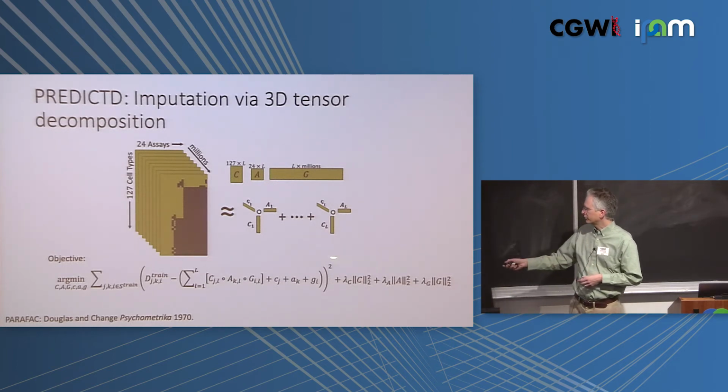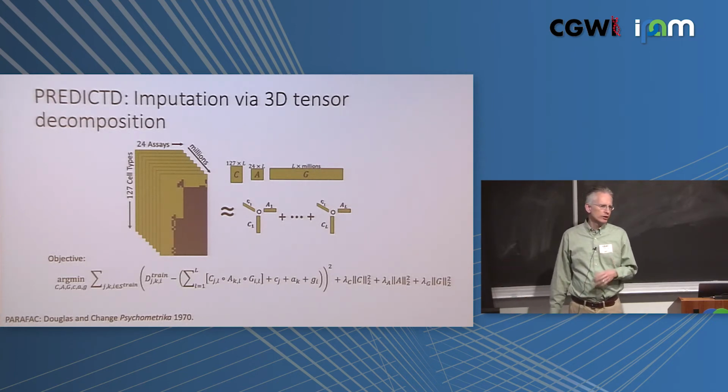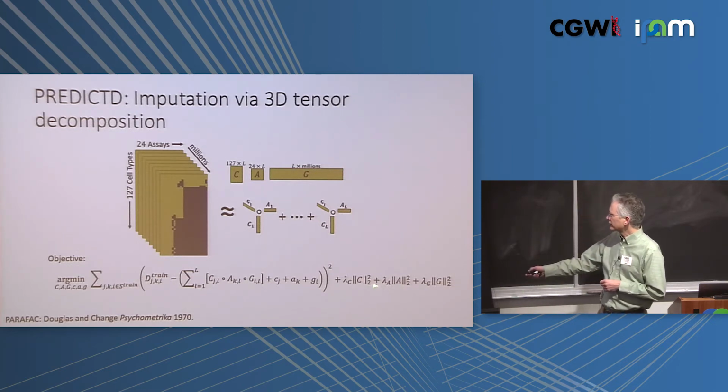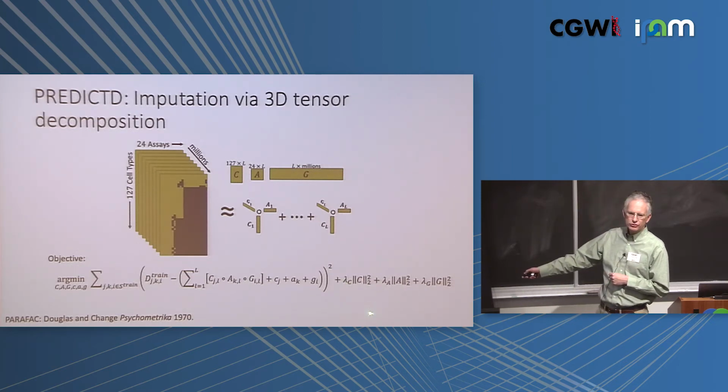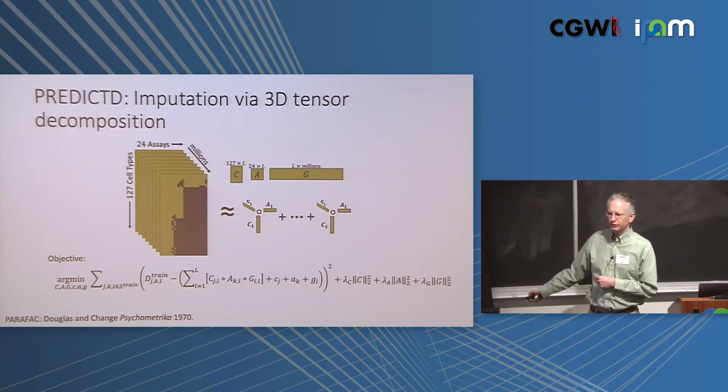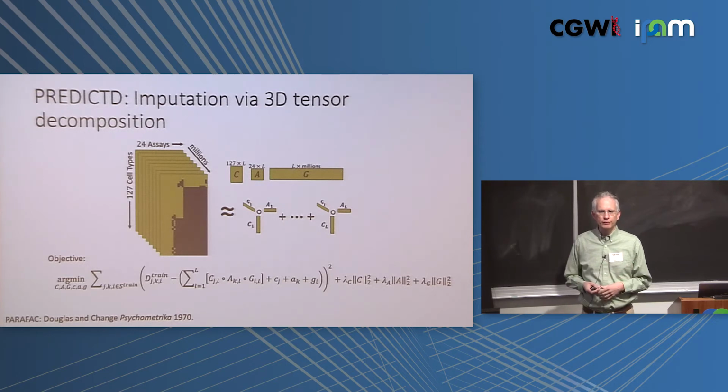And you look at the prediction on the right-hand side and the actual training value there and try to minimize the mean squared error between them. A key component is that you also have some regularizers over here where you're trying to keep the L2 norm of each of these matrices relatively small. So there are these hyperparameters, lambda A, C, and G here that control the strength of the regularizer.